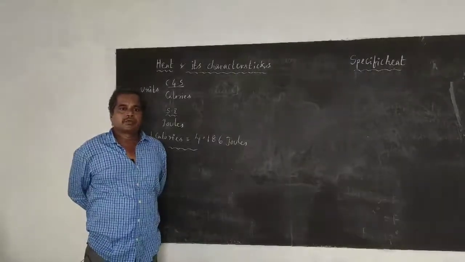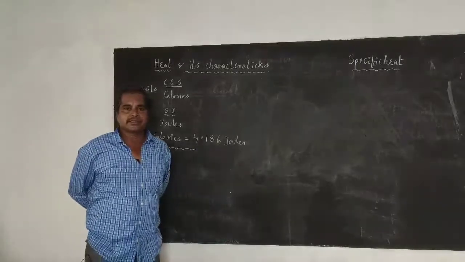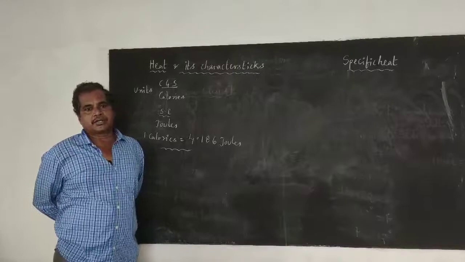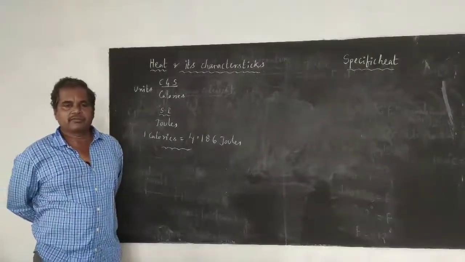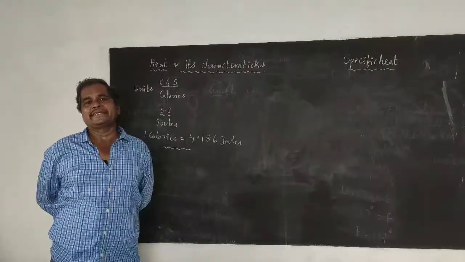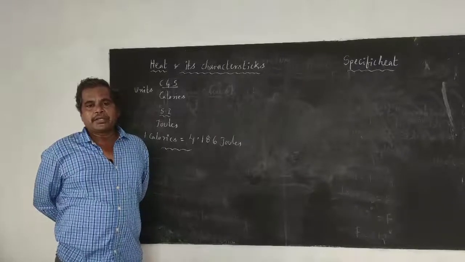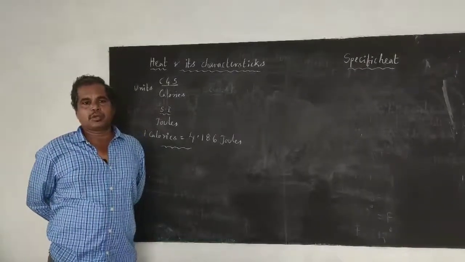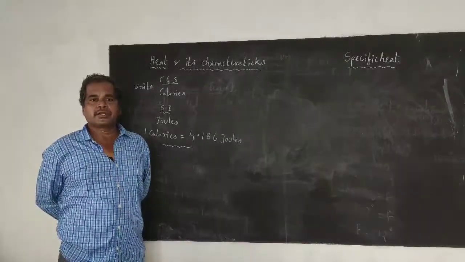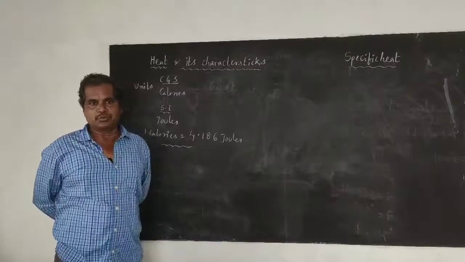For this we take two beakers. In one beaker we pour 250 ml of water. In another beaker we pour 1 liter of water. By using a heat source, we supply heat energy to both beakers to attain the same change of temperature, up to 60 degrees Celsius in both beakers.